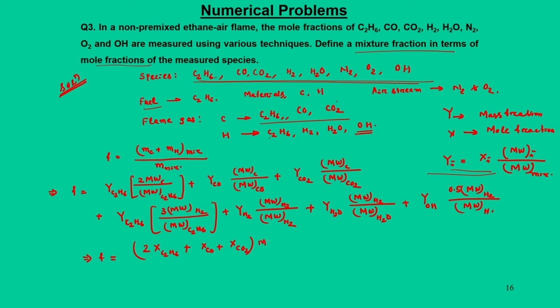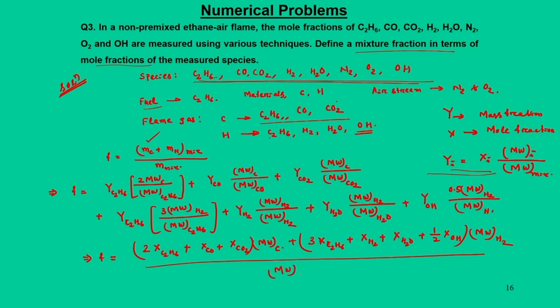This is the first part of the expression. The second part is 3 X C2H6 plus X H2 plus X H2O plus half X OH, times the molecular weight of hydrogen. This is divided by the molecular weight of the mixture, and the mixture contains all these species.